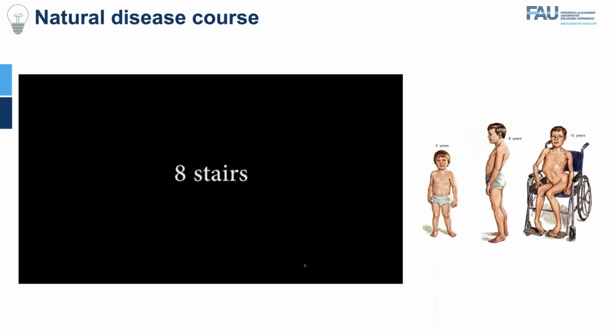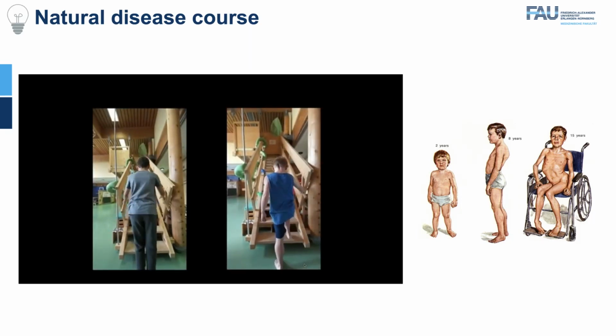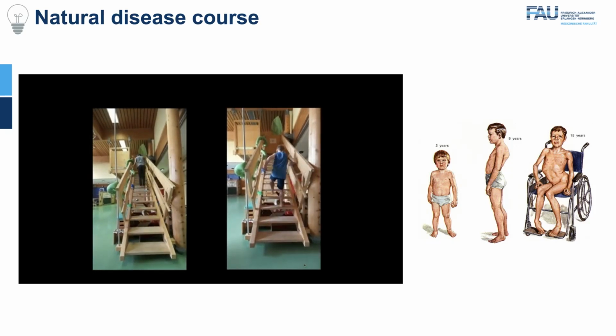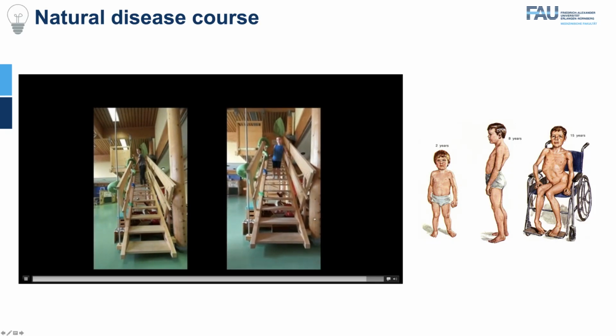So here's a video illustrating the natural course of the disease, and what we would like to show you is a patient and an age-matched control on the left side, and they got the same thing to do. They should climb the stairs here, and you can see it's no problem for a healthy boy, but you can see the boy with Duchenne muscular dystrophy on the right side.